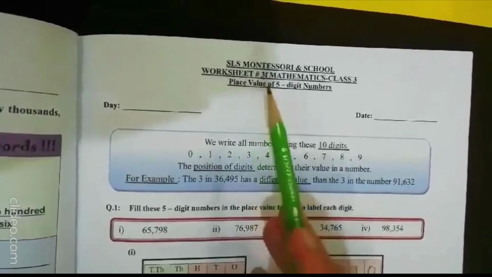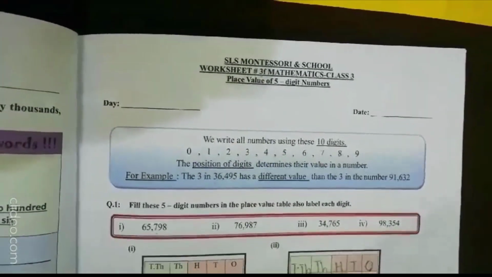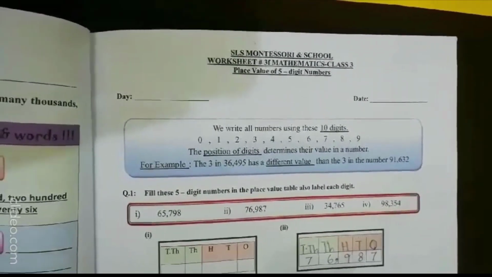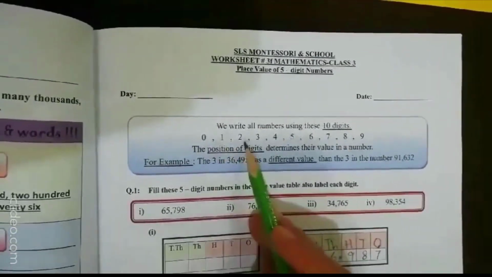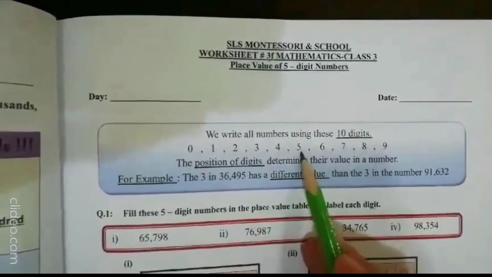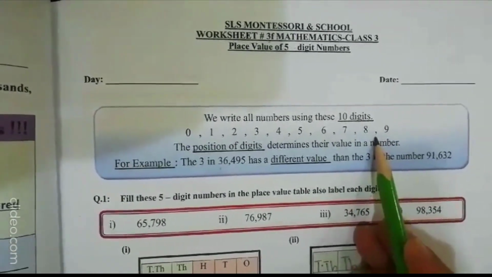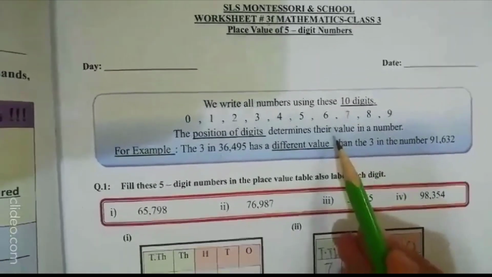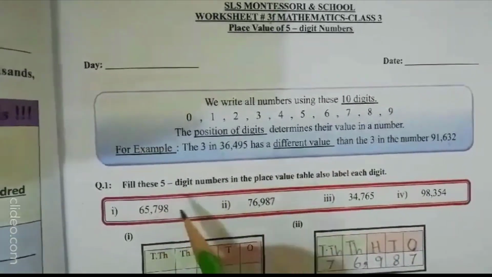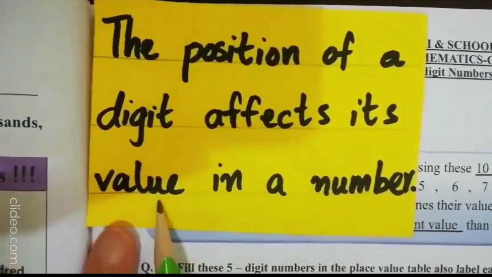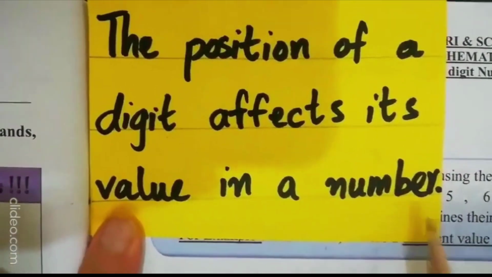Okay students, before starting the worksheet, I want to tell you that when we write numbers using digits 0, 1, 2, 3, 4, 5, 6, 7, 8, 9, their position is very important. The position of a digit affects its value in a number.